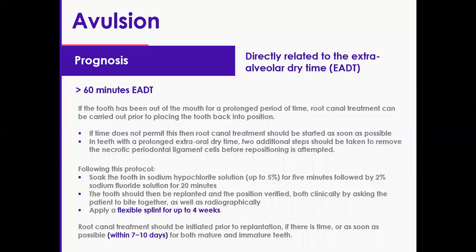For both mature or immature, it doesn't really matter now. If the tooth has been left outside of the socket dry for over an hour, then it does not really matter anymore. You will need to get the root canal done as soon as possible, and then soak in the bleach, put in sodium fluoride, and splint for 4 weeks.